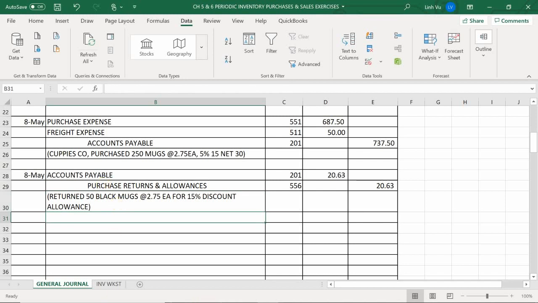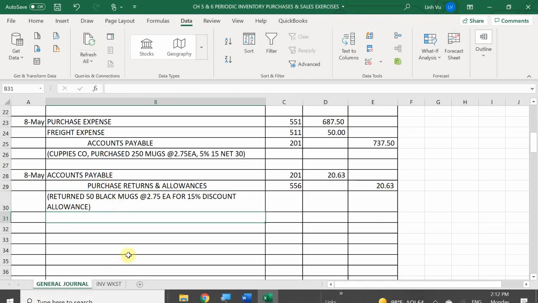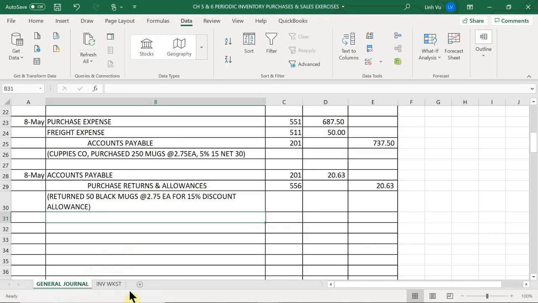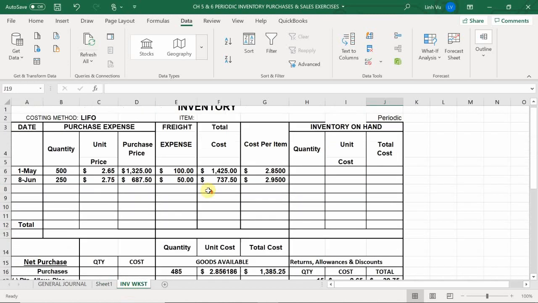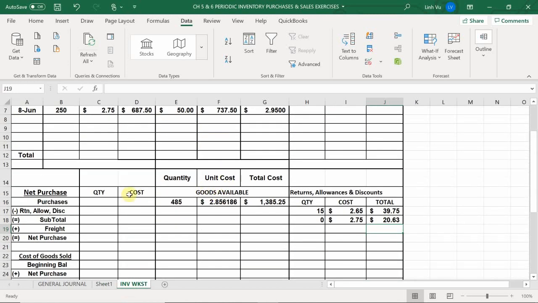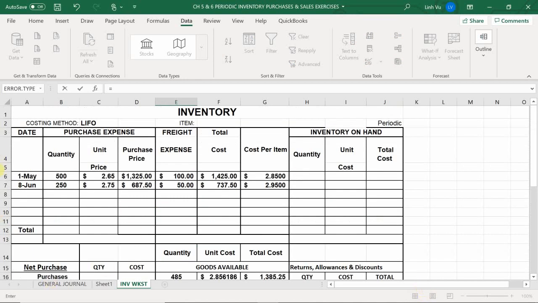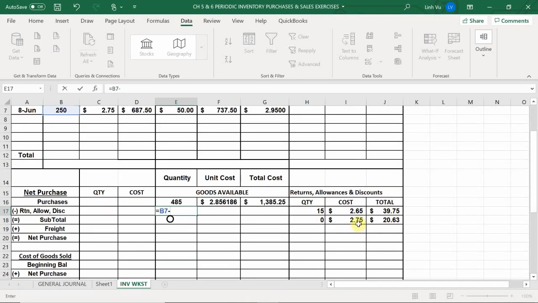Okay. So let's go back and update our inventory worksheet because now we have a new cost here. In this case, my second batch of inventory, since I didn't make any changes, I had 250, but 50 of those were black mugs, but we ended up keeping them.